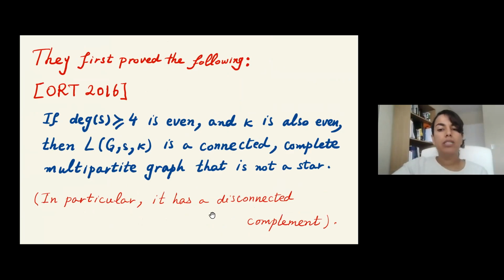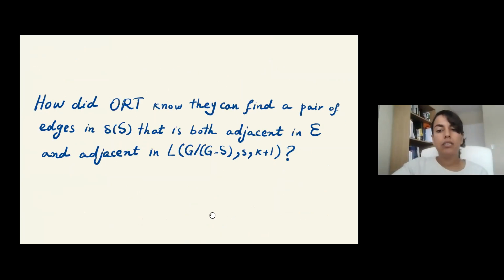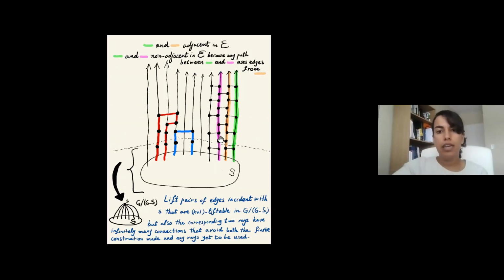So the complement of the lifting graph, L, is disconnected, and E, the end graph that expresses linkability between the rays, is a connected graph. E is always connected because this is one end, so there are infinitely many vertex-disjoint connections between things.